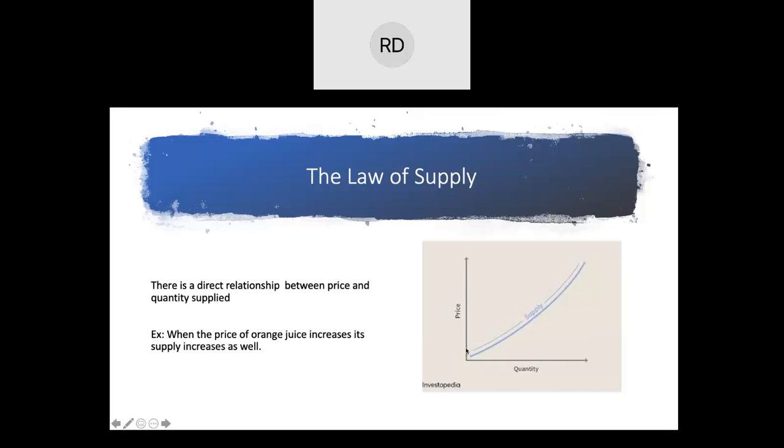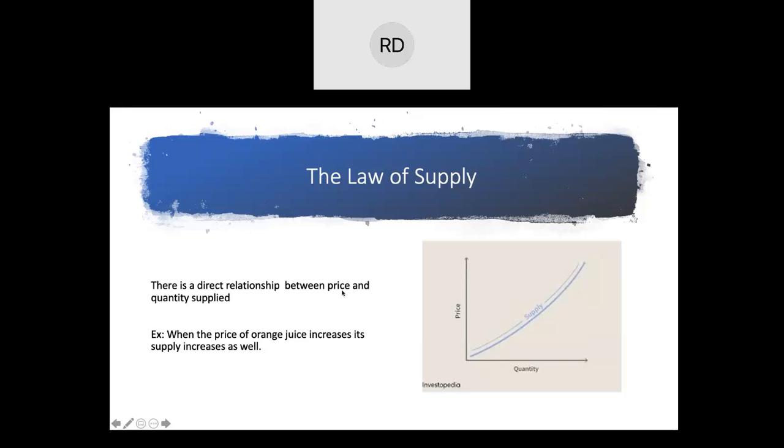Let's just imagine that we have a low price of orange juice. If we have a low price of orange juice somewhere right here, there's only a few people that are willing to supply that orange juice. But when the price of orange juice is high up here, we have more and more people that are willing to supply orange juice.